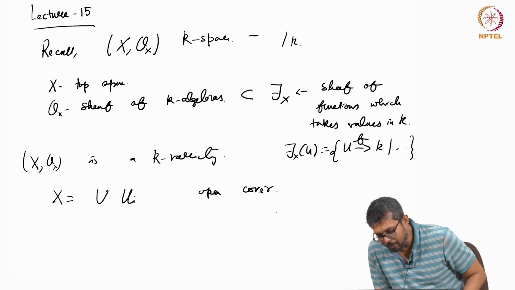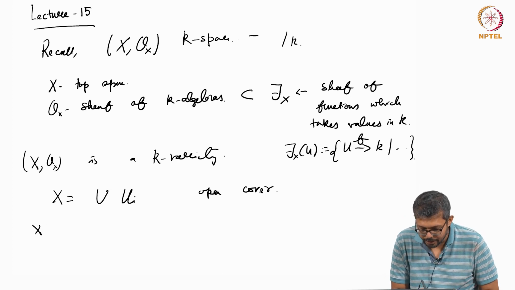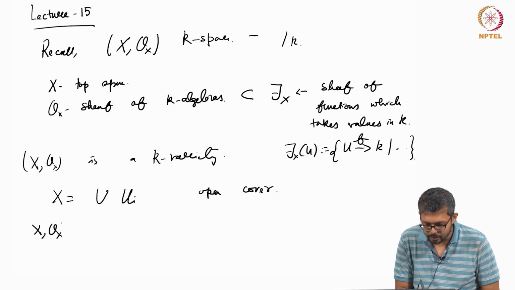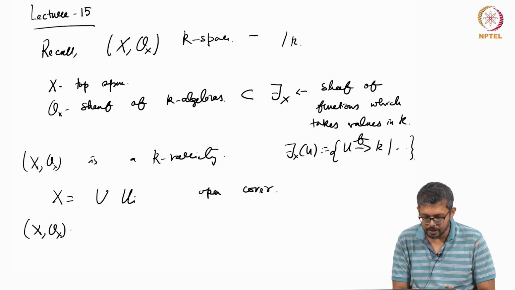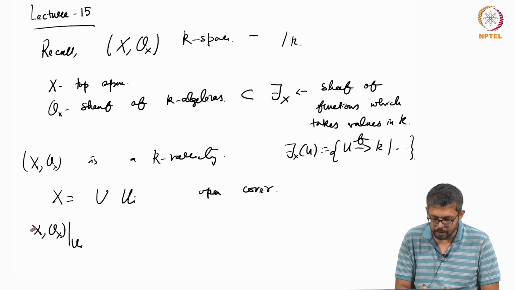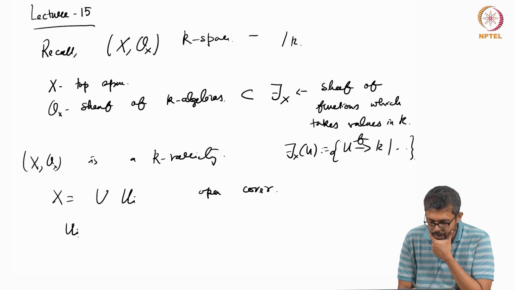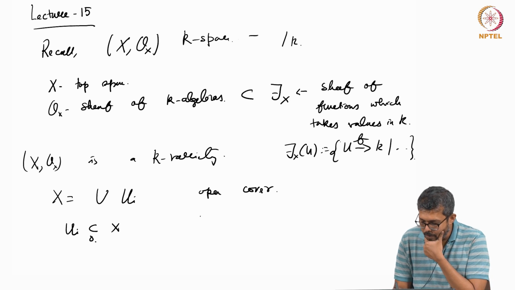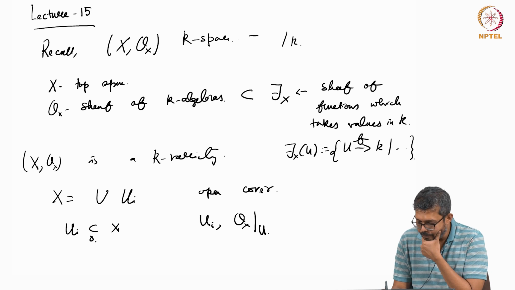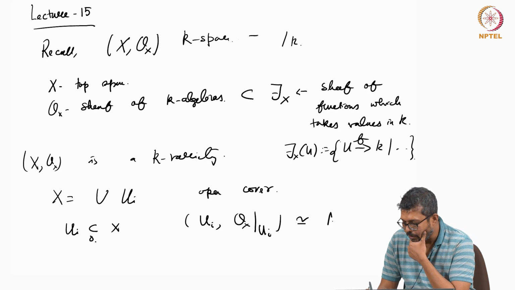X is the union of U_i, open cover, such that when you restrict (X, O_X), whenever you have some sheaf, you can restrict to U_i, an open subset. So you can talk about U_i and O_X restricted to U_i. Then this is isomorphic to some affine variety.